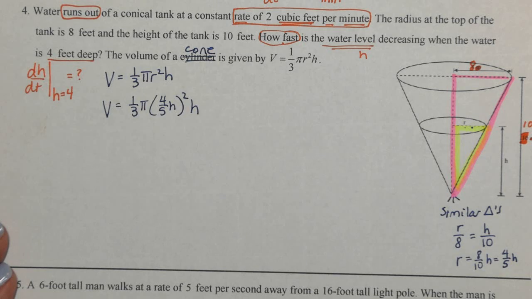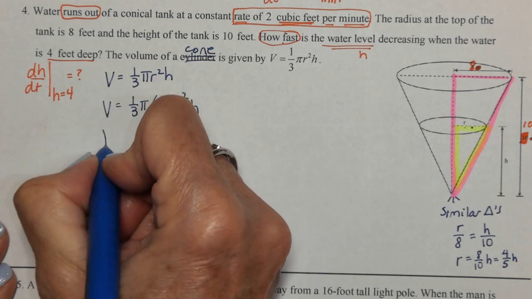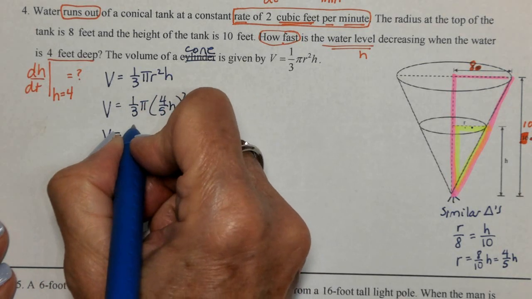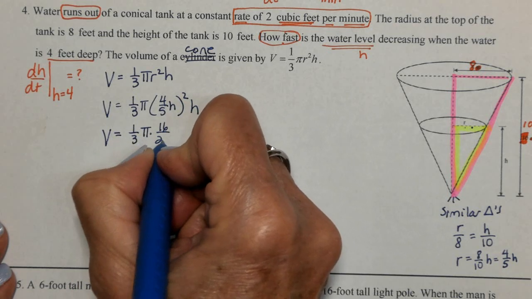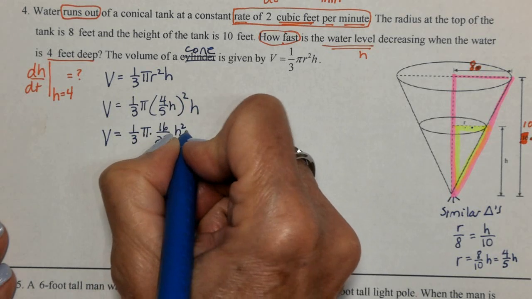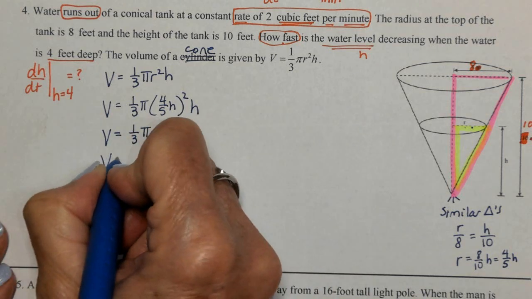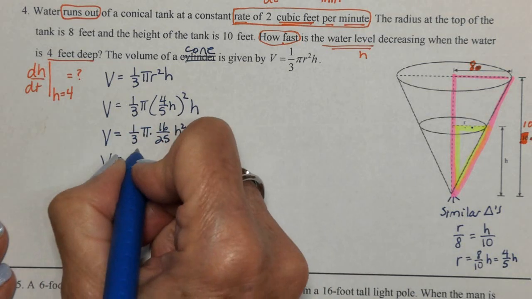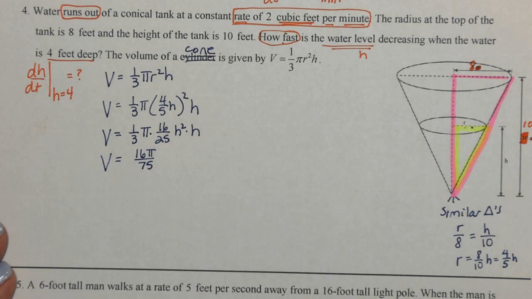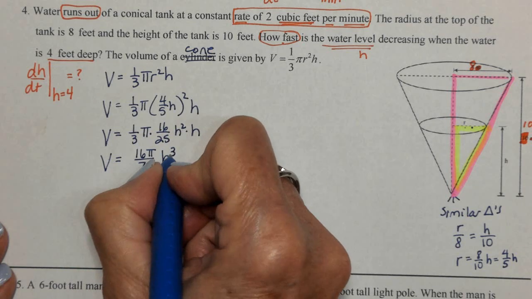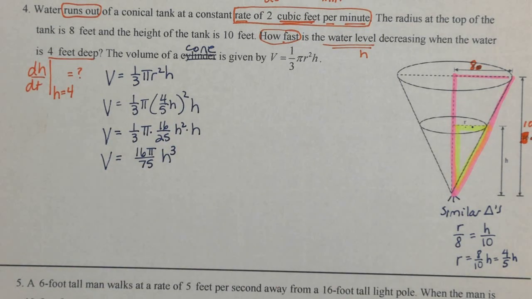And now I have all h's, and I can clean this guy up. So I'll have V is equal to 1/3 pi times 16 over 25 h squared times h, keep on cleaning up, 16 pi over 75, make that into one fraction, h cubed. Now this is extremely easy to take a derivative of. So that's why I went through that process.